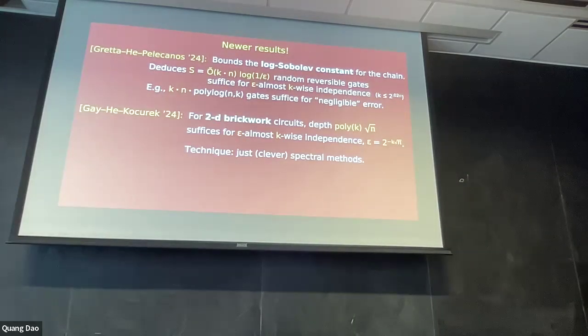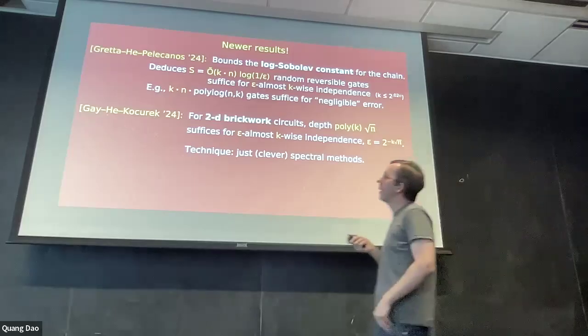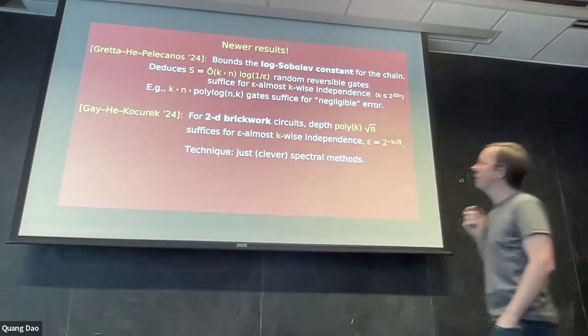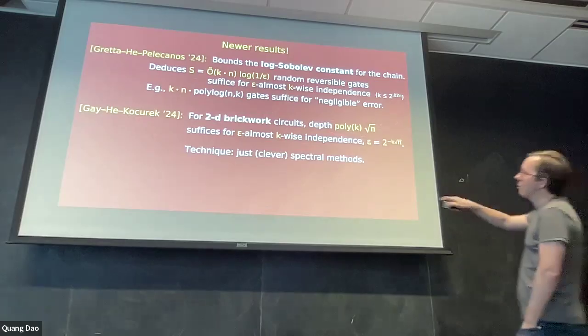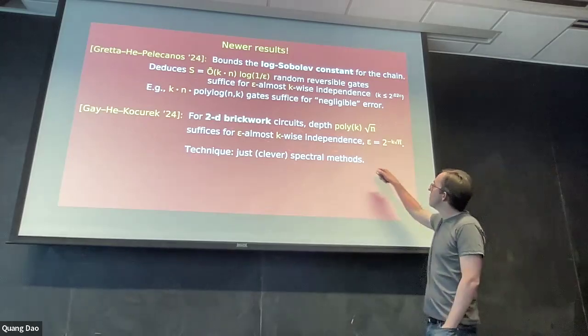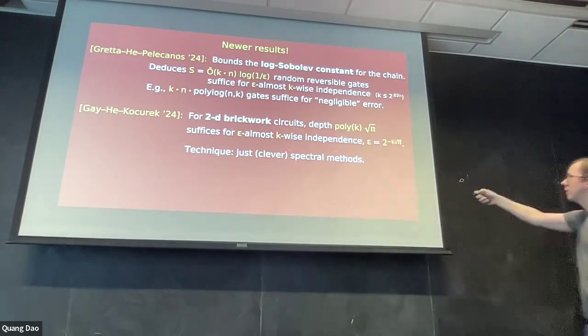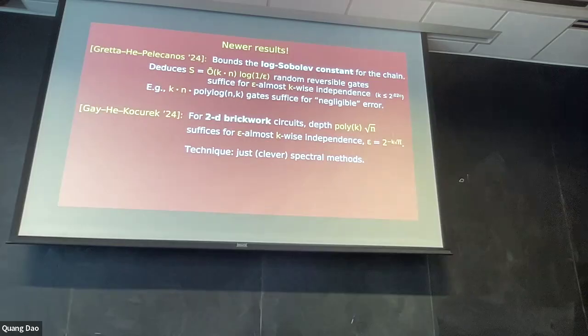These three guys sitting here, William and Will and Nicholas, looked at this 2D brick architecture and showed that, for example, with depth root n, you get a similar result. You get epsilon almost k-wise independence, where epsilon is not 2 to the minus kn, but it's still really small, like 2 to the minus root n.